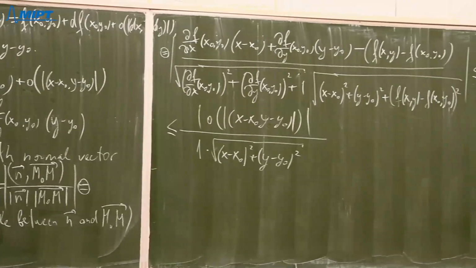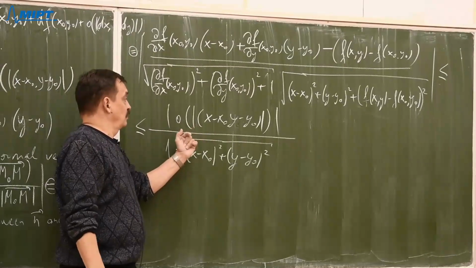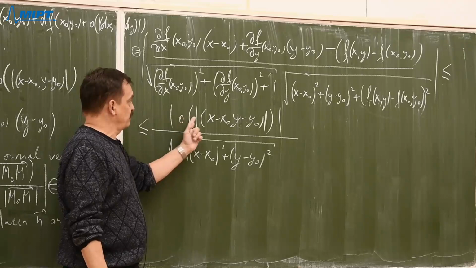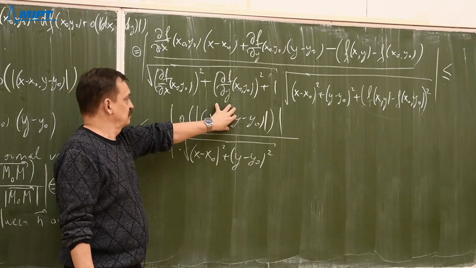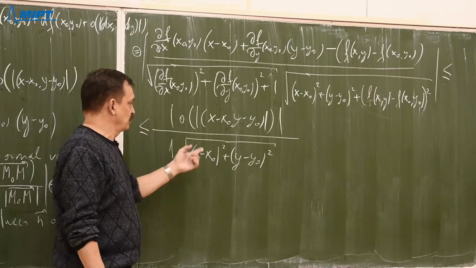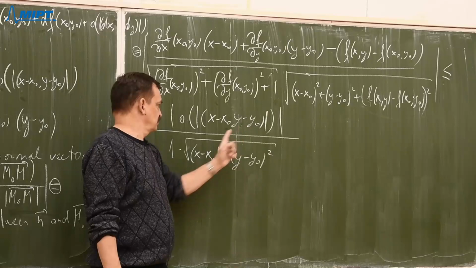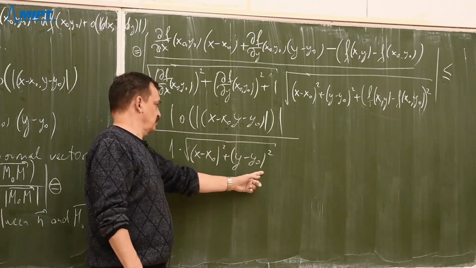And now, what is the meaning of this little o? In fact, little o means that when we divide this little o by this quantity, this ratio tends to 0. But what is this norm? It's precisely that one. The length of this vector is written here.